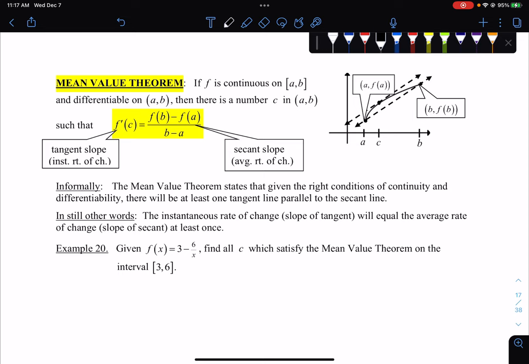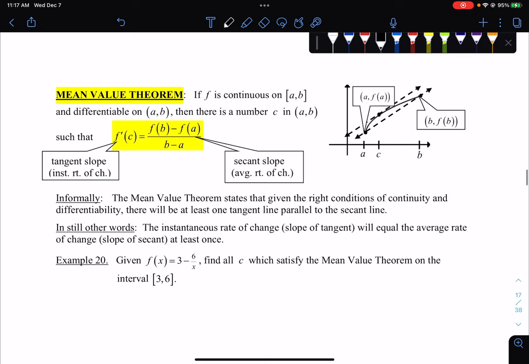The mean value theorem says that if I go from point A to point B, the average slope between those two points, if this is continuous, if I don't have any discontinuities, and if it's differentiable all the way across, then whatever that average slope is, at some point along that graph, I have to equal that slope. Okay, that's what the mean value theorem says.